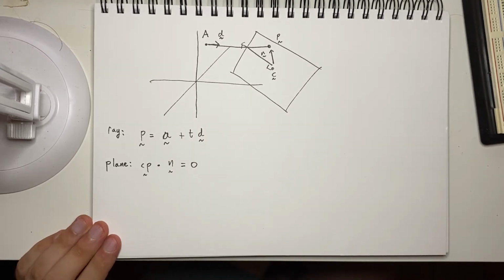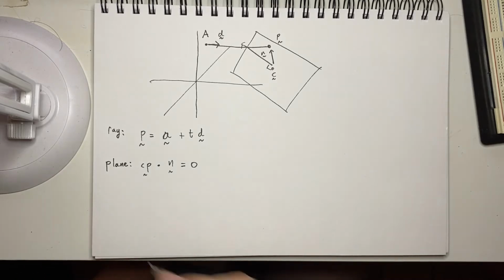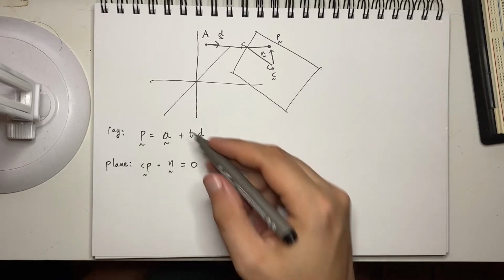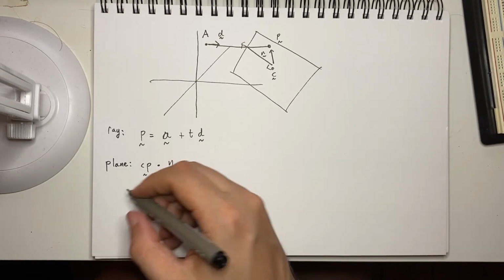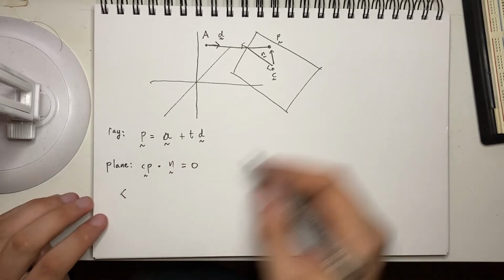So then we can put this information in here. Remember that CP is the center minus the point.